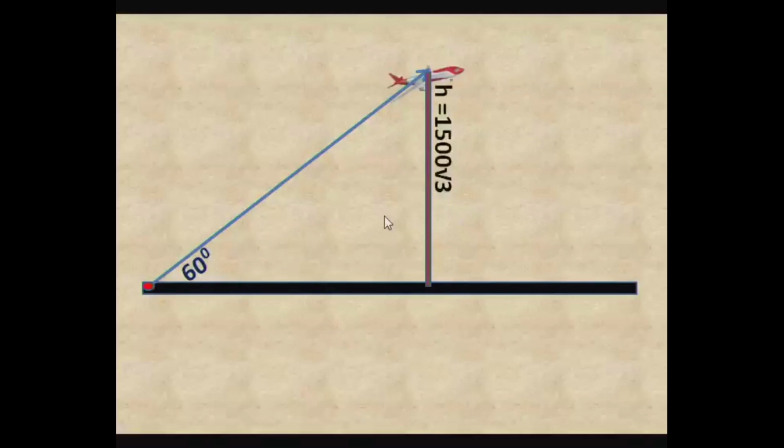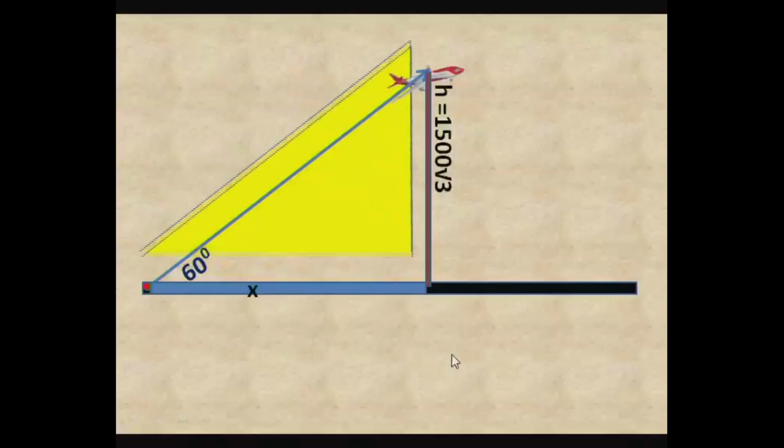Now, this is x meters, we do not know the distance since it was not given in the problem. And now, here you see a right angle triangle is formed. This is a known side h and this is an unknown side x. This is required for us.